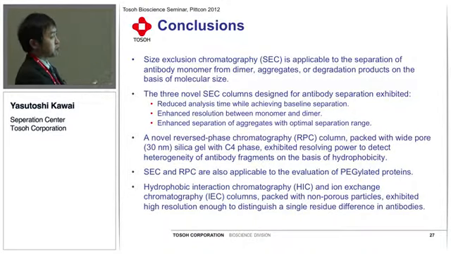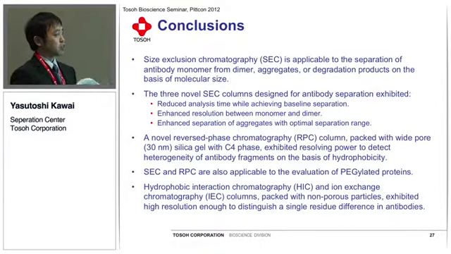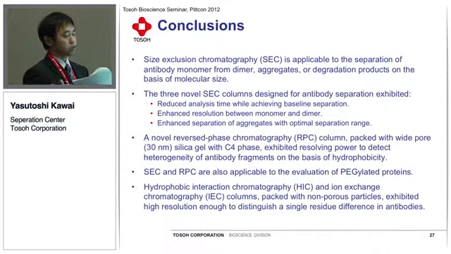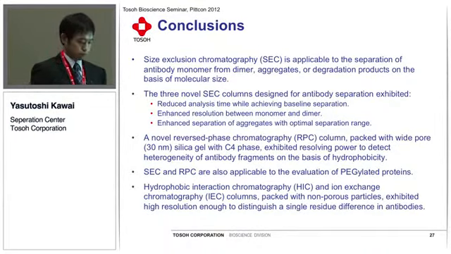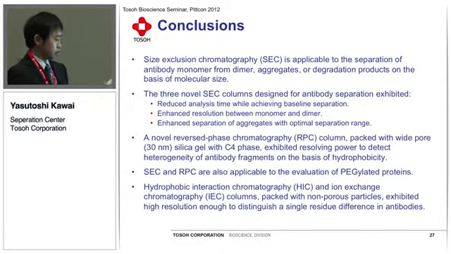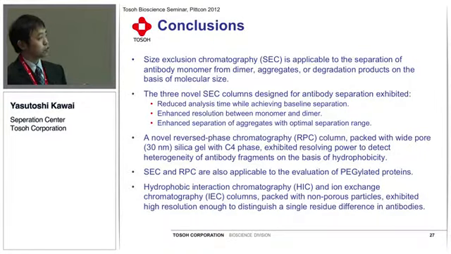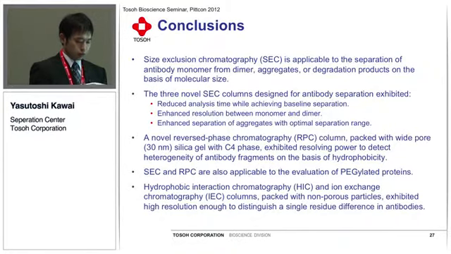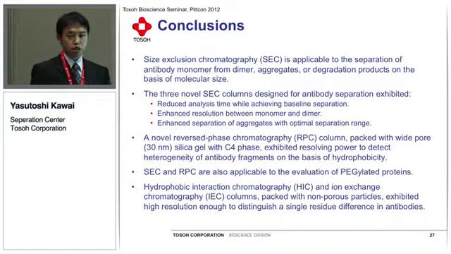That is applicable to the separation of antibody monomer from dimer, aggregates or degradation products on the basis of molecular size. I showed the novel SEC column that is designed for antibody separation. This column exhibited improved separation performance for antibodies.